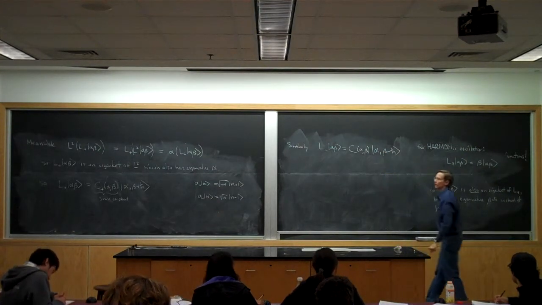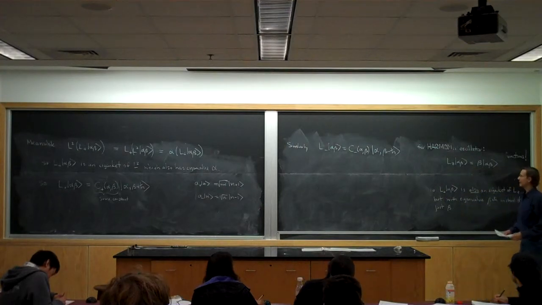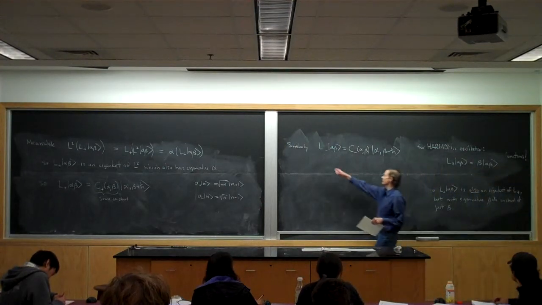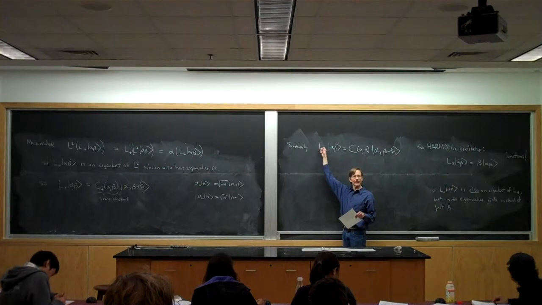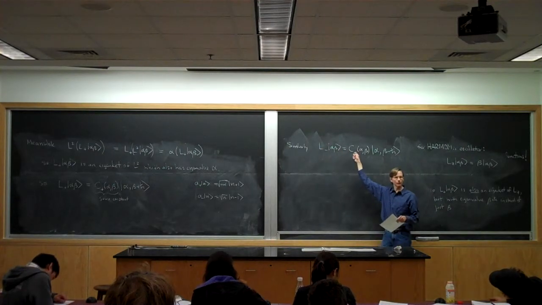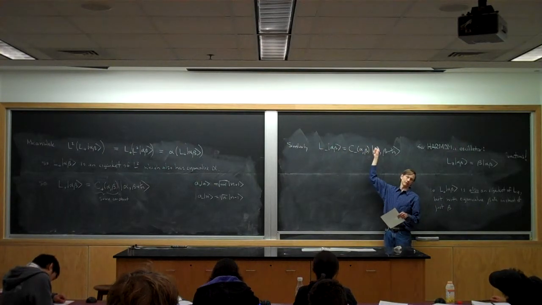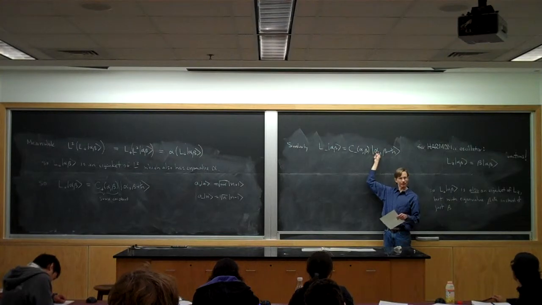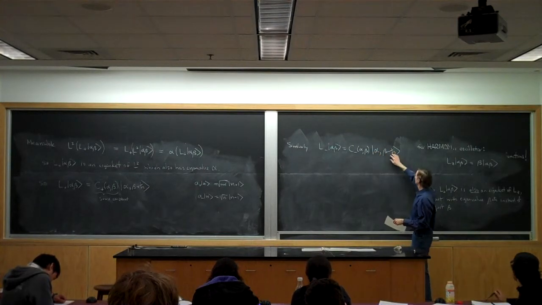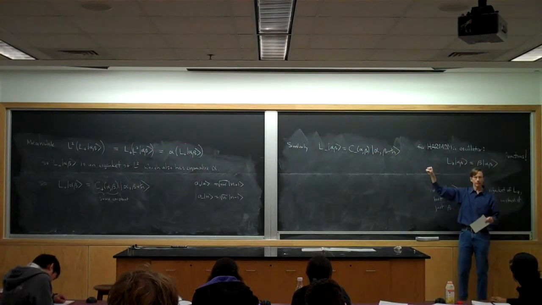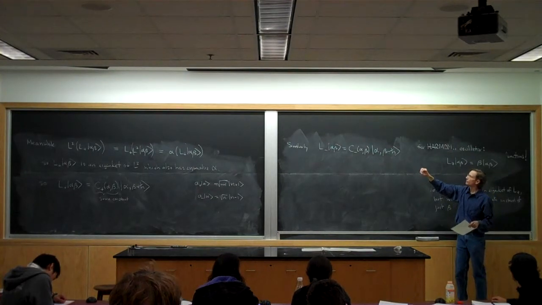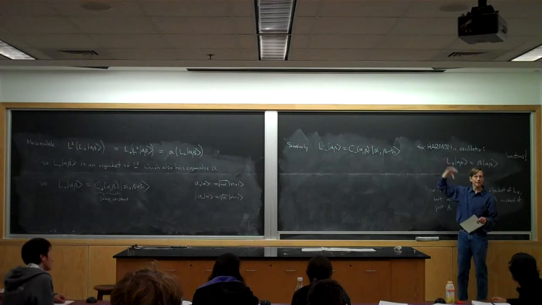And you show it the same way we did before. You write that if I hit this with LZ, LZ L minus is L minus LZ minus h bar L minus times the eigenket. And so before we had an L plus LZ plus beta h bar.